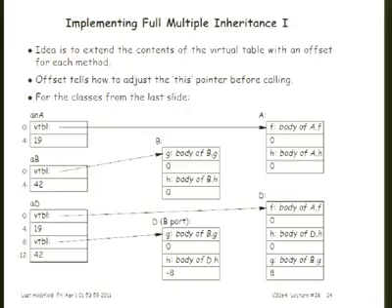Because I've got a pointer that looks like a B, I don't have to adjust the pointer at all. I'll just call it, and everything will be fine. If, however, I call the h method, well, h expects to get something that looks like a D. In other words, it expects a pointer to this guy up here at the top of the D.